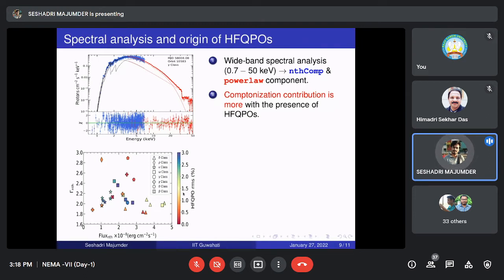In the color bar, we show the percentage RMS amplitude of the high frequency QPO in the observations in which the QPO is present. We have also calculated the upper limit of the RMS amplitude at the QPO frequency in those observations in which the QPO is not prominent.